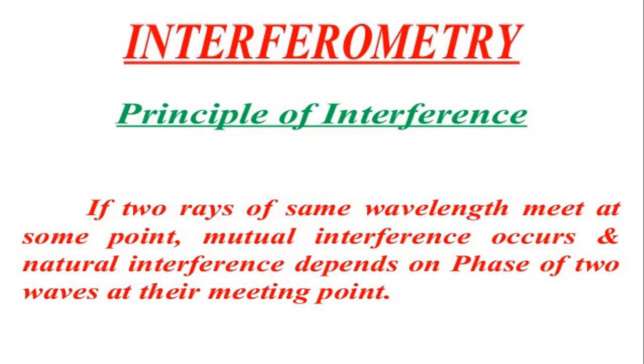So this is the principle of interference. We are taking two rays of the same wavelength meeting at a point where mutual interference occurs, and the interference depends on the phase of the two waves at their meeting point. That is the principle of interference.